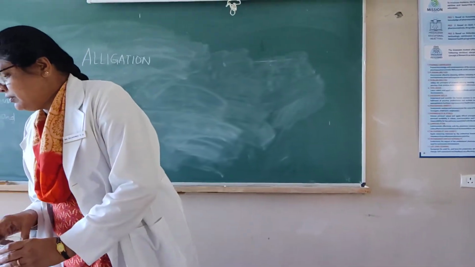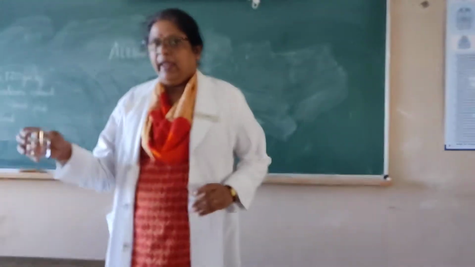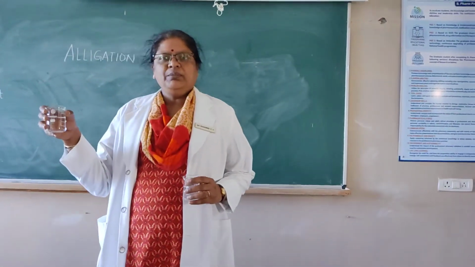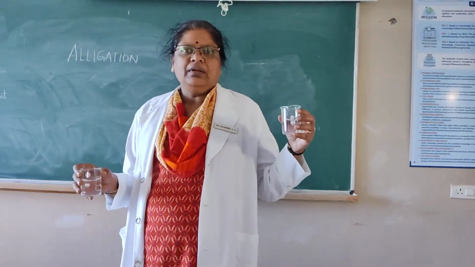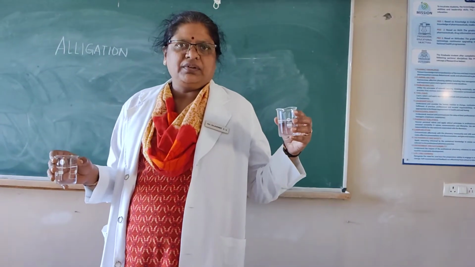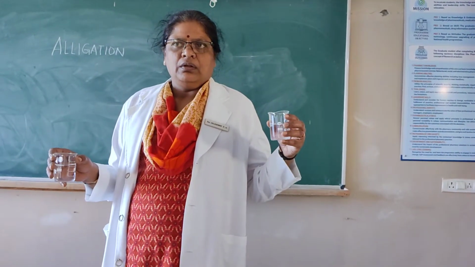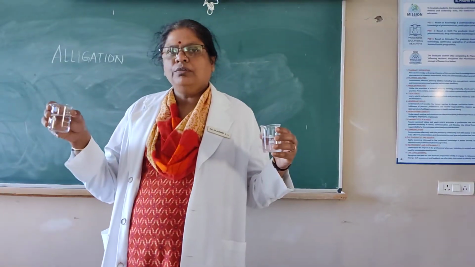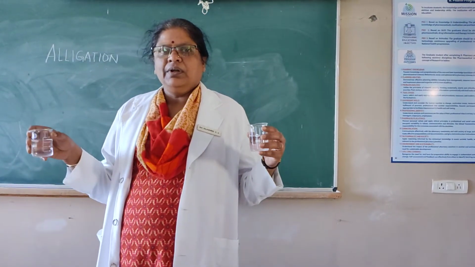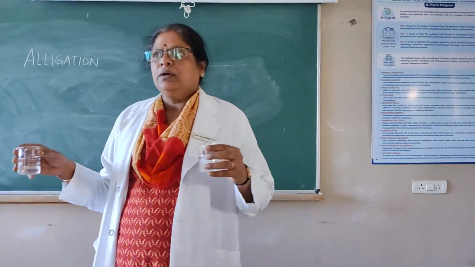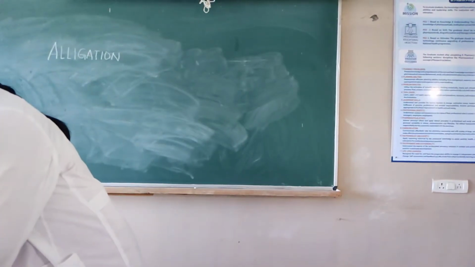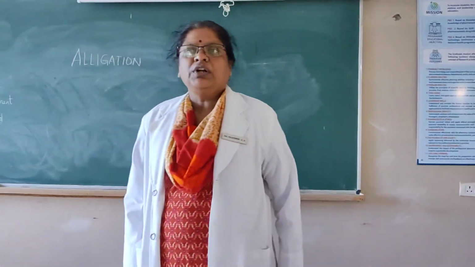For example, here if you take, this is A of 20% alcohol and B is of 60% alcohol. So how many parts of 20% and 60% alcohol are required to be combined to give a product of 40% alcohol?